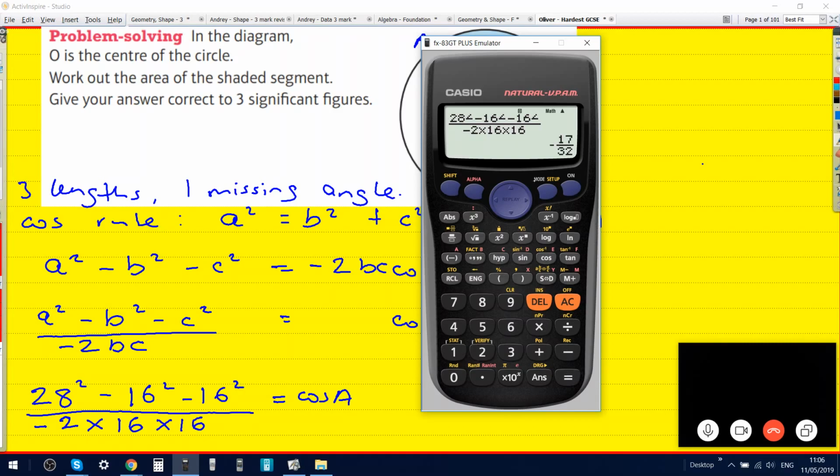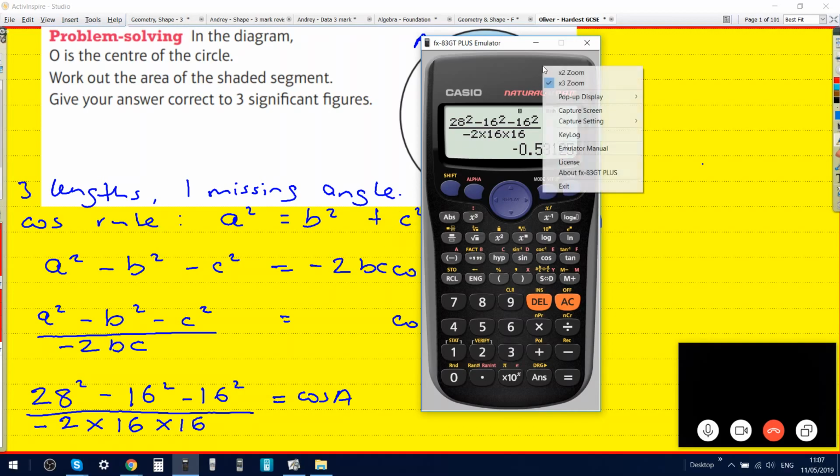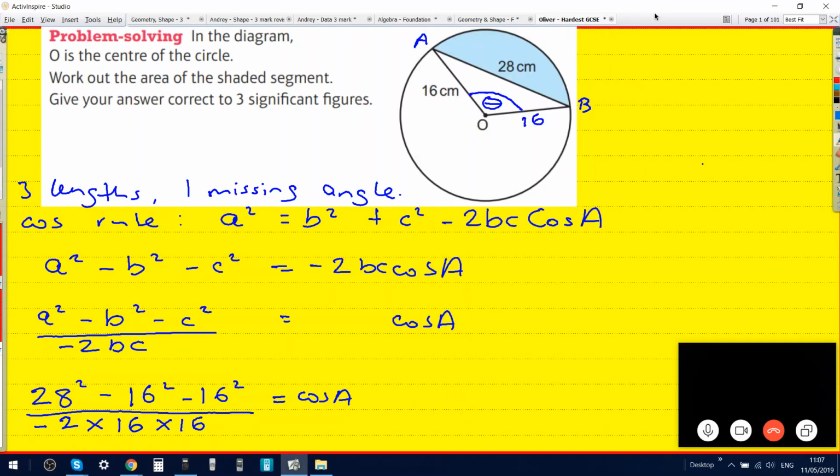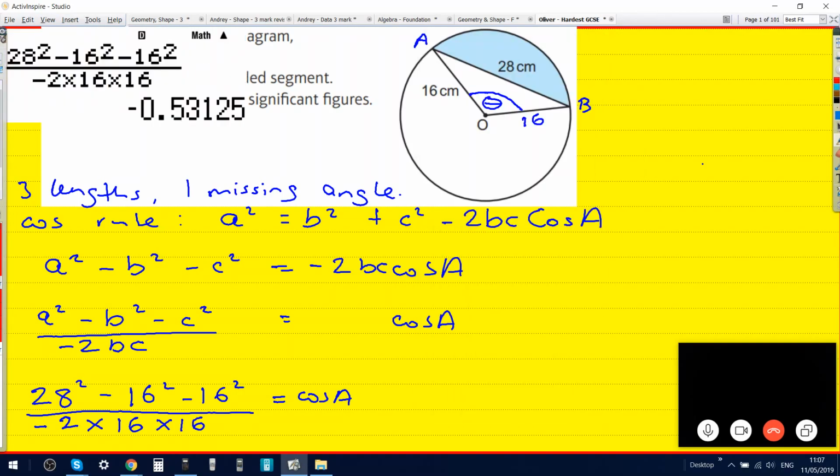I get something totally different. Minus 17 over 32. It's a bit weird. Am I in the right function? Yeah, I am. Are you? Do you have degrees or radians? Yeah, that's what I was just checking. But it's fine.